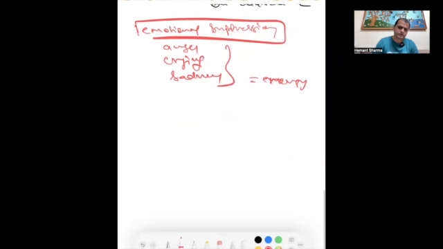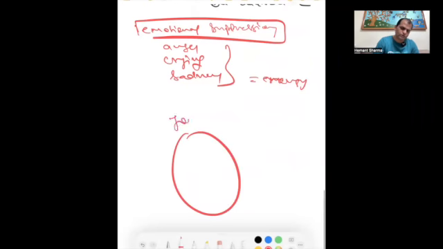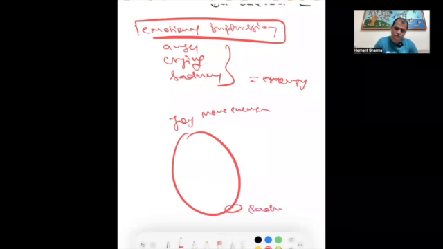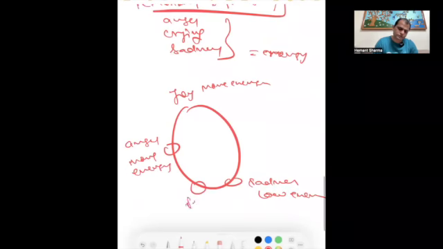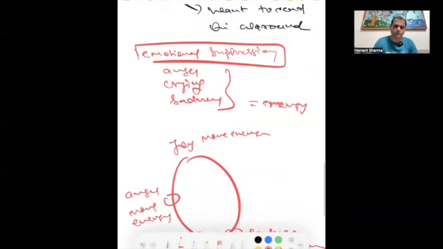Joy means more energy. Sadness means low energy. Anger means more energy. Fear means very, very poor energy. So all the emotions are nothing but energies. Emotional suppression means you are suppressing the energy.